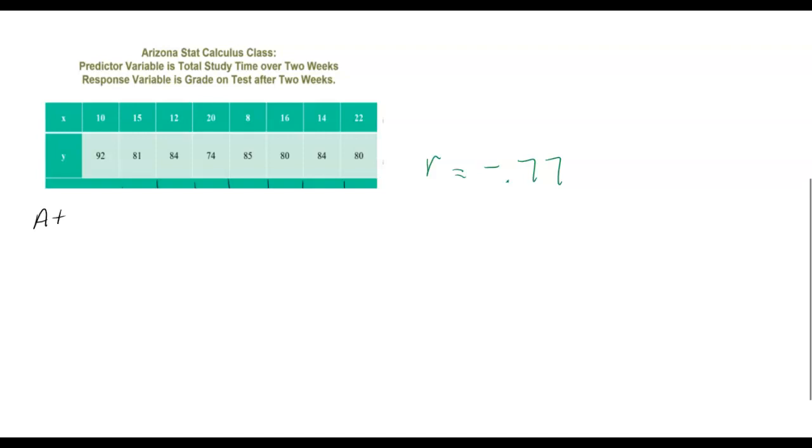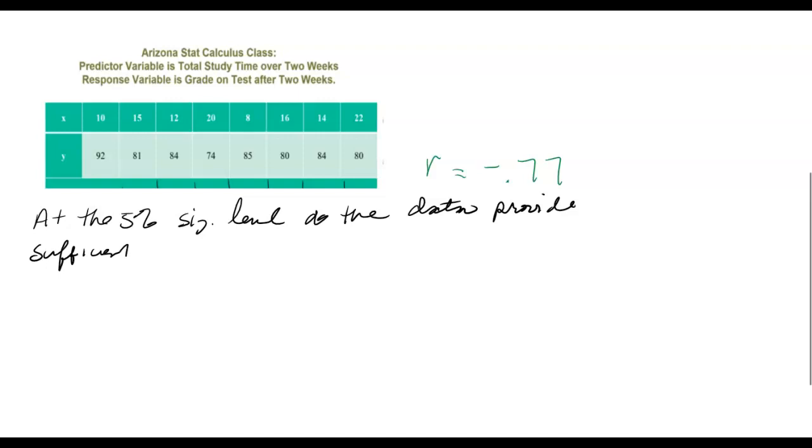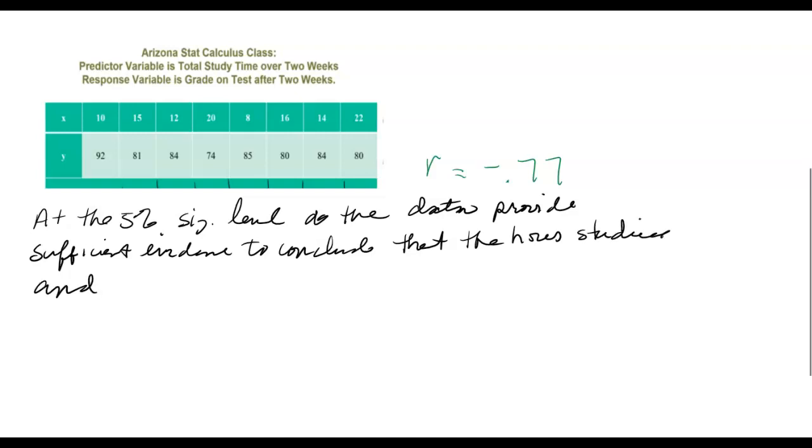So let's say at the 5% significance level, do the data provide sufficient evidence to conclude that the hours studied and test grade are negatively correlated?